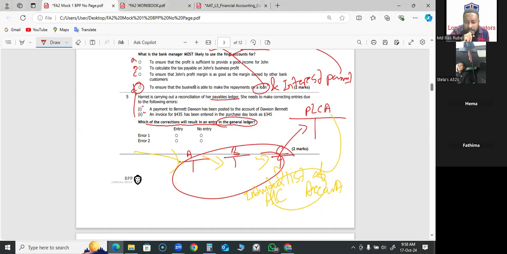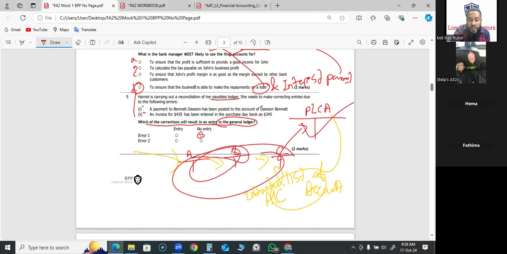A payment to Bennett Dawson has been posted to the account of Dawson Bennett. Again, error of commission. It doesn't make any difference to the trial balance. So this is not the answer. No entry needed. In the control account, it will be fine. Individual, you need to change from A to B, but the control account will be fine.